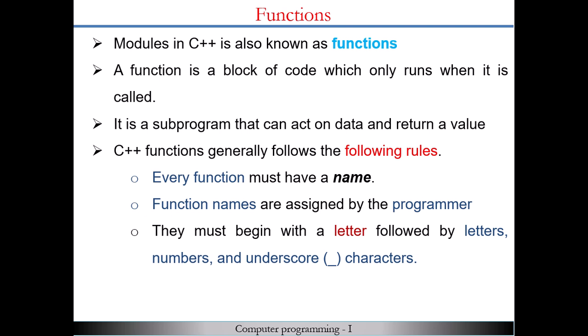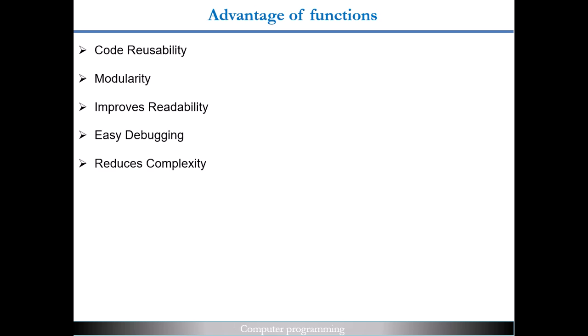C++ functions generally follow three rules. The first one is every function must have a name. Function names are assigned by the programmer, and they must begin with a letter followed by letters, numbers, and underscore characters.